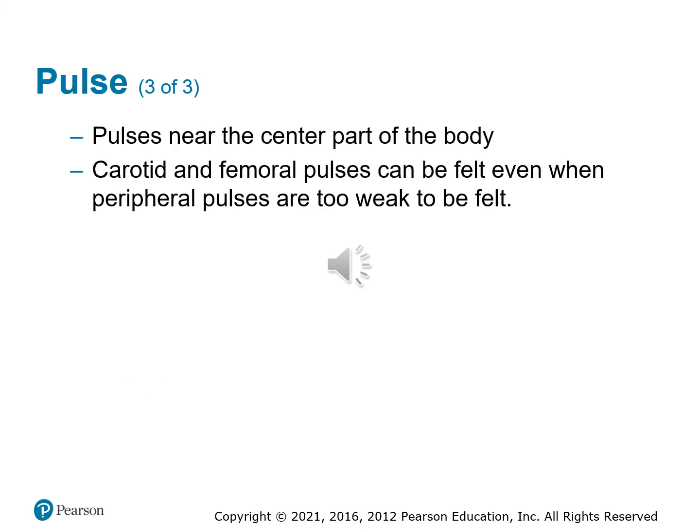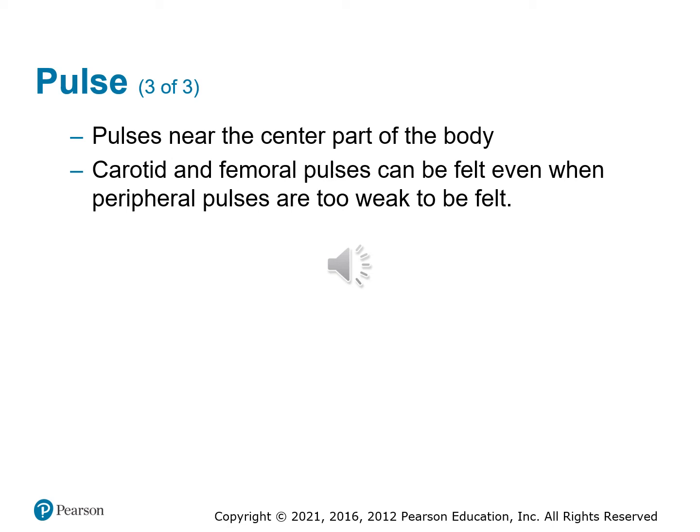So as I said, these pulses more towards the central area of the body are going to be a little bit stronger. Now, when we have issues with our blood pressure and our blood pressure is too low, you may not be able to feel a radial pulse on someone, but you could still feel a carotid or a femoral pulse.